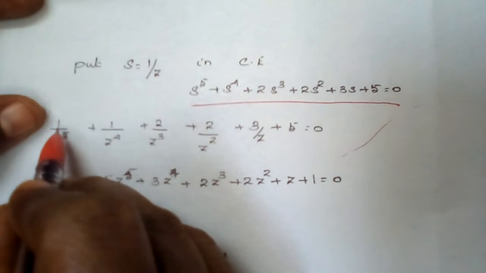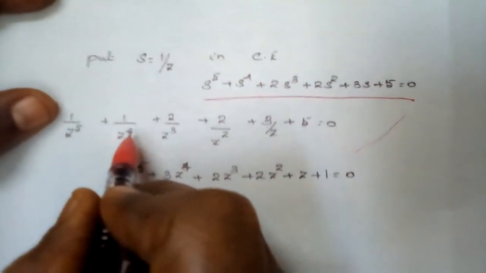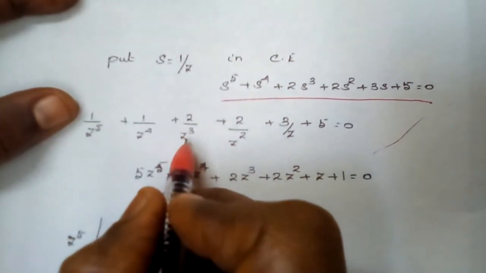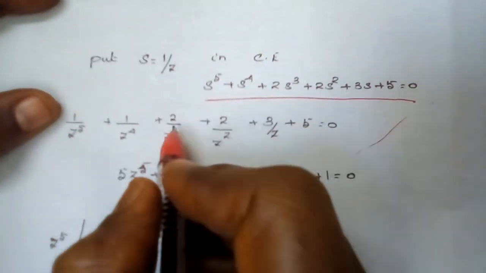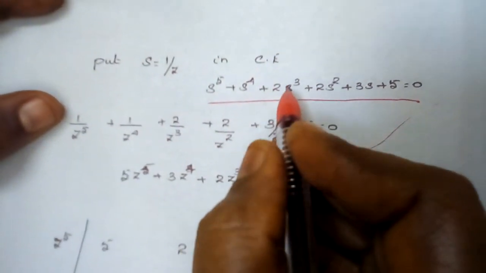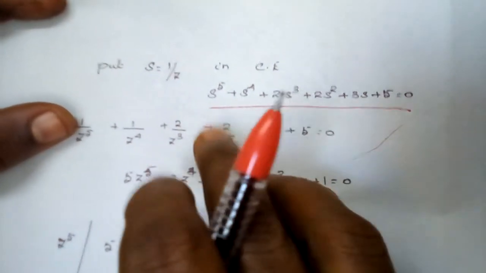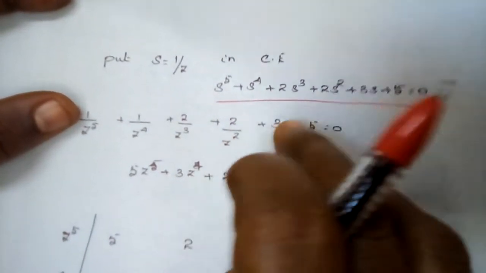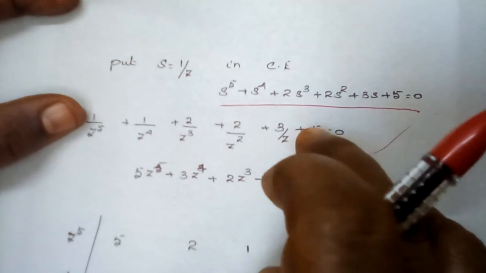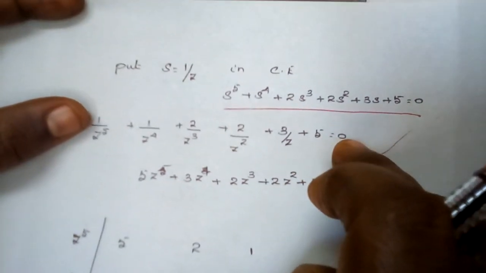Substituting s as 1 by z, I get 1 by z power 5 plus 1 by z power 4 plus 2 divided by z cube plus 2 divided by z square plus 3 by z plus 5, which is equal to 0.